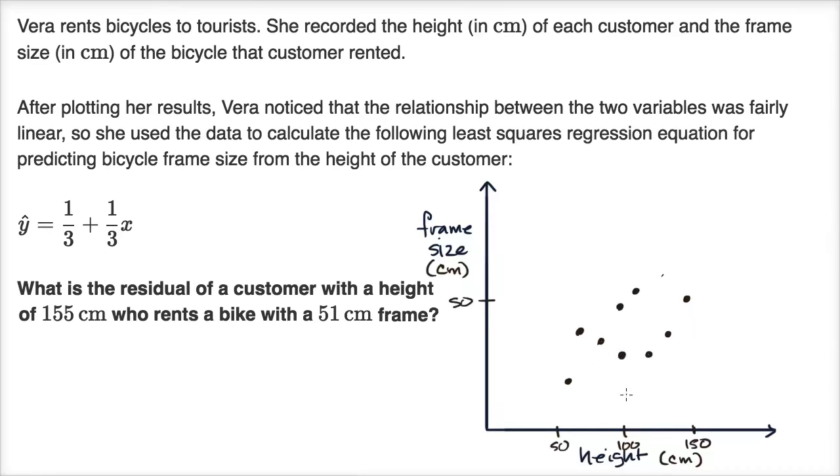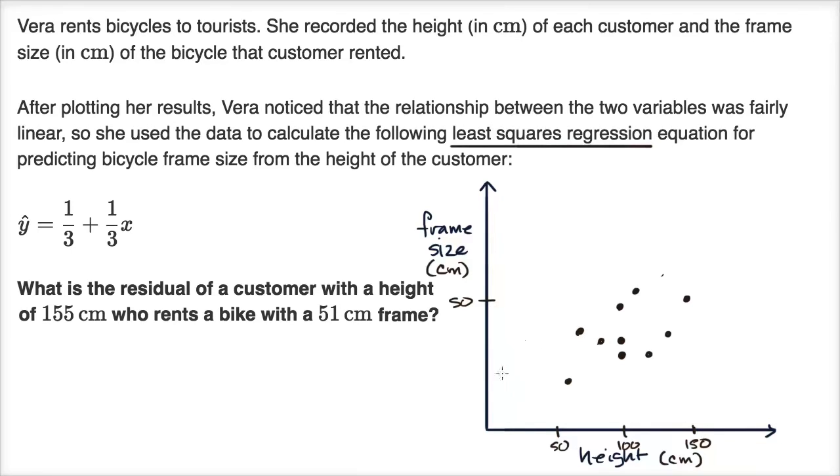Maybe there was another person of 100 centimeters in height who got a frame that was slightly larger, and she plotted it there. And then she did a least squares regression. A least squares regression is trying to fit a line to this data. Oftentimes you would use a spreadsheet or a computer, and that line is trying to minimize the square of the distance between these points.